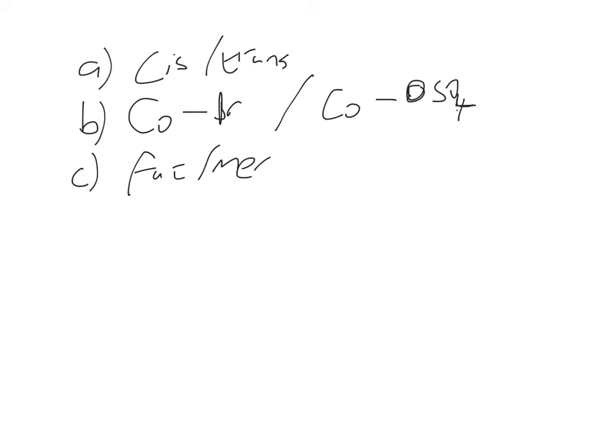D is quite a fun one. Let's have a new page. So there's a few things happening in D. The first one I want to talk about is the optical isomerism, which is possibly the harder one.